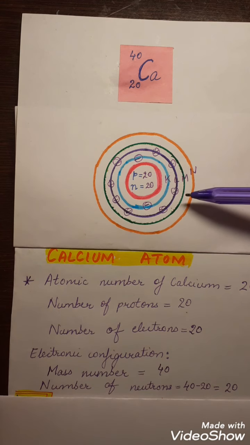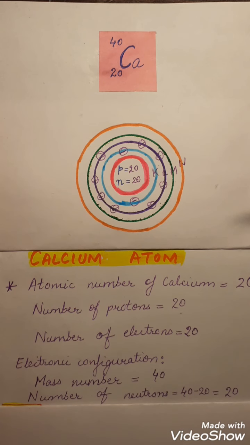As per Niels Bohr, the M shell can accumulate 18 electrons. But if I put all the remaining 10 electrons of the calcium atom in the third shell, the M shell will become the last shell or the valence shell of the calcium atom. Right?